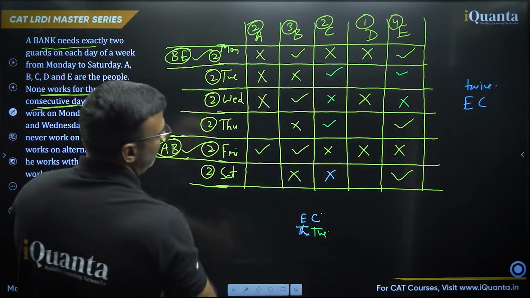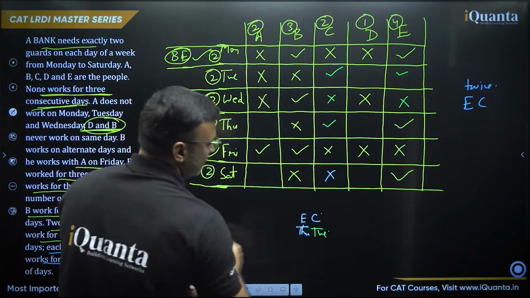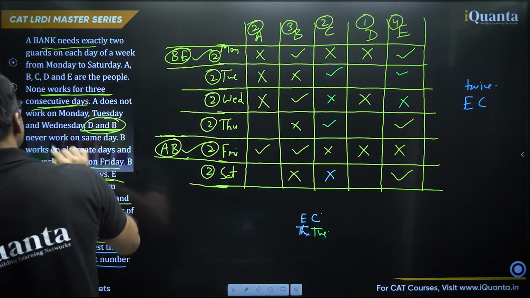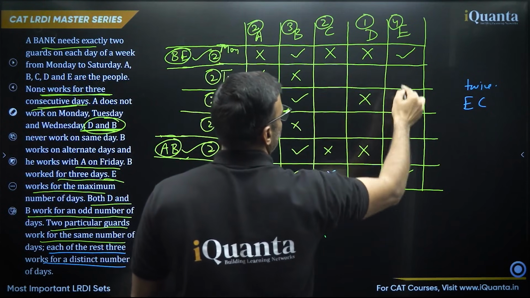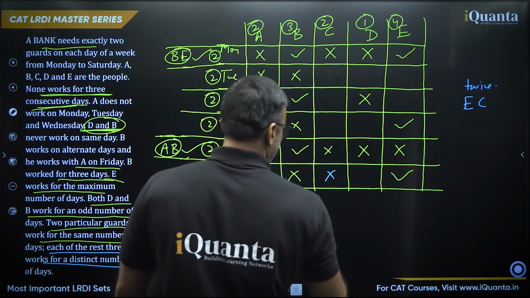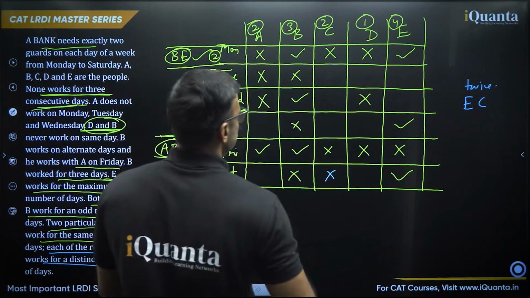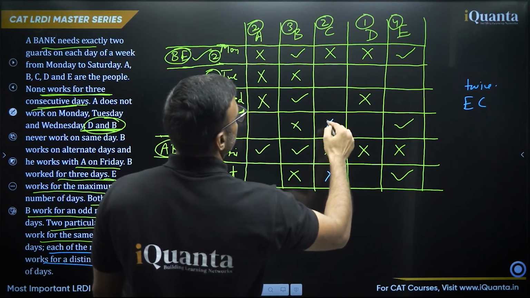But the problem is Wednesday 2 people will not be complete. So Thursday, Tuesday is also not possible. All right. So what should I do? I should say that this is also not happening. That means E and C cannot work together on Thursday as well.